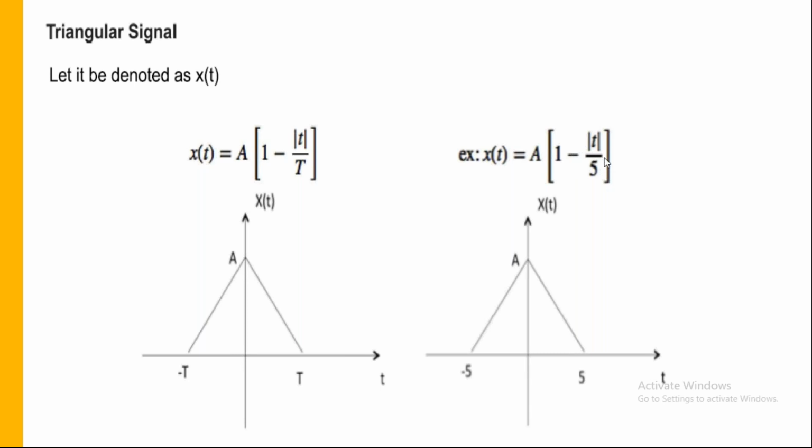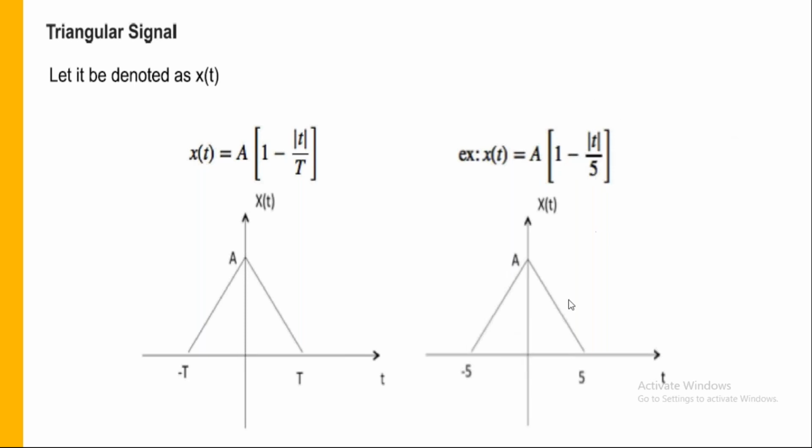But what you have to do is, first you have to replace this modulus with plus or minus. Now when you replace for t less than 0, this modulus of t becomes negative. That means for this portion, t is negative, and minus becomes plus. So you will get a into 1 plus t by 5 for t less than 0.